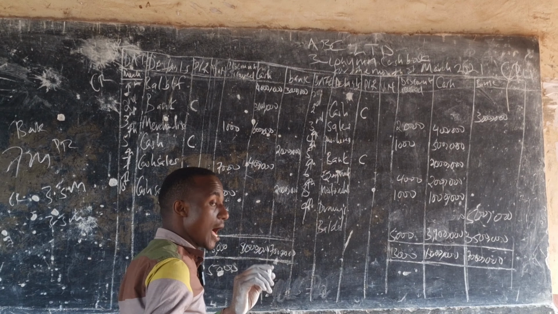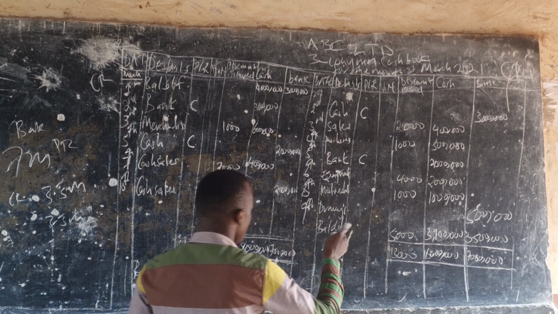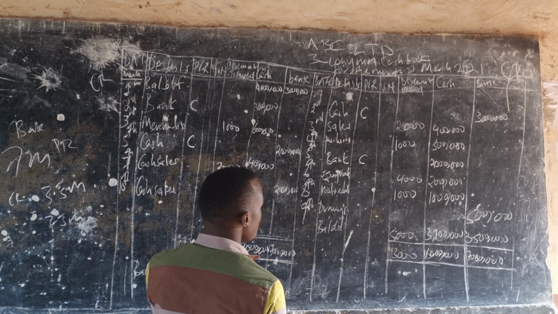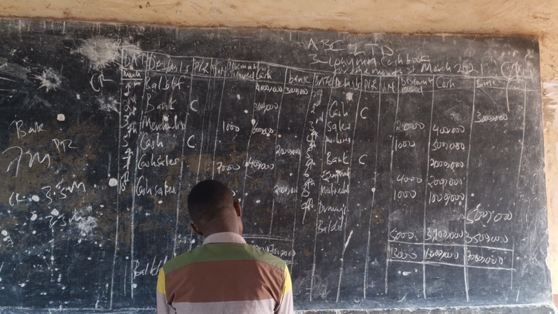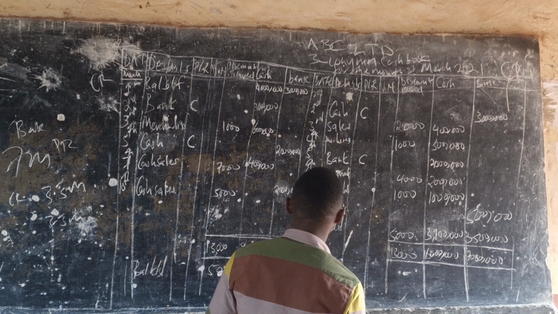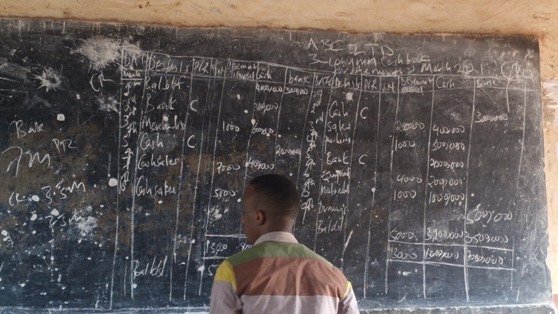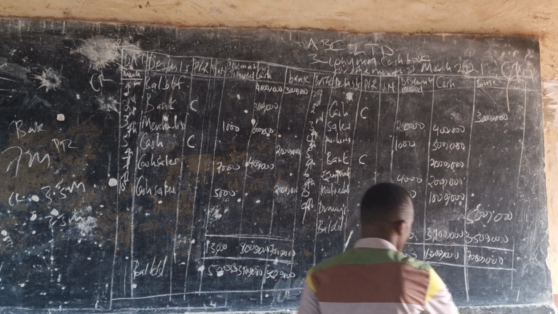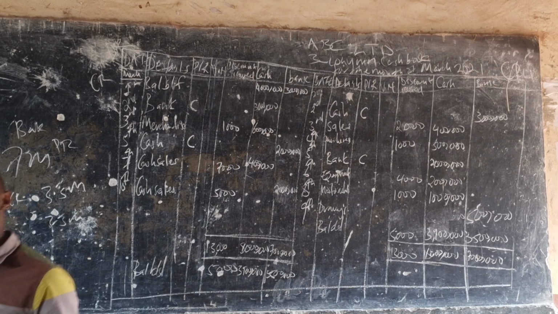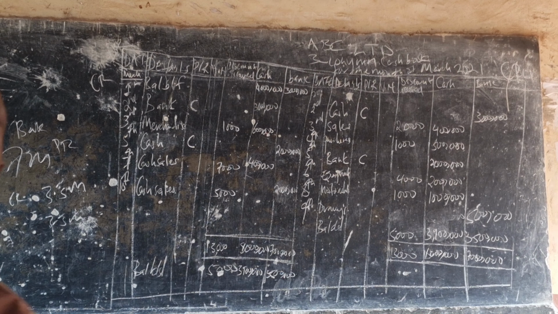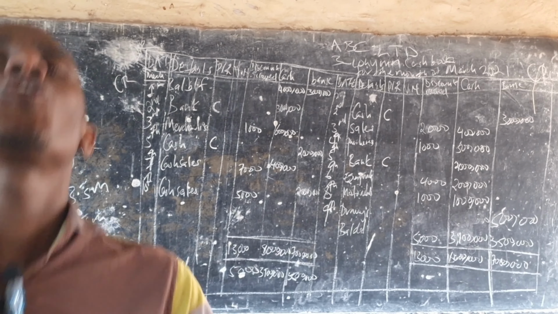I'm going to define for you what balance brought down figures are. Despite being the same, on the cash I had 3.9. Then on the bank I had 3.5. And the balance brought down figures, those are the amounts of figures that the business is going to start with on the first of the following month.